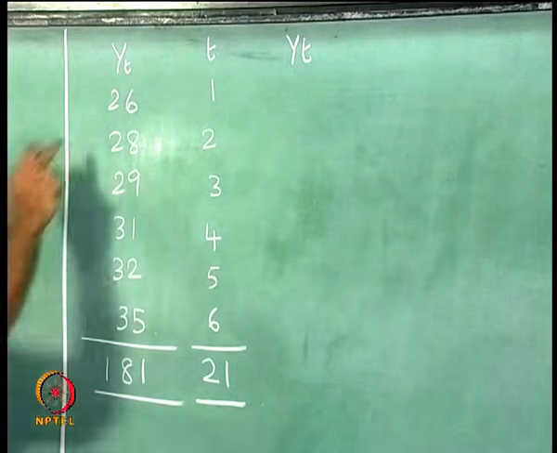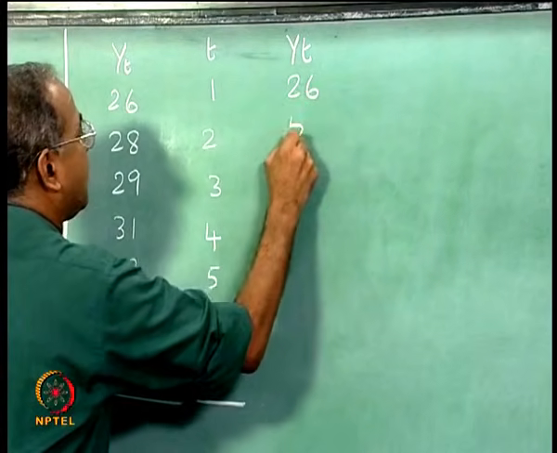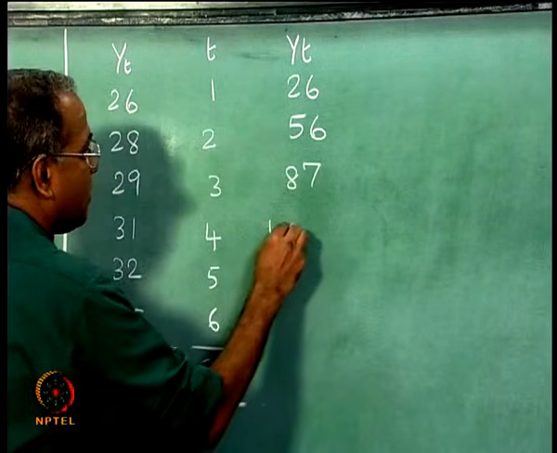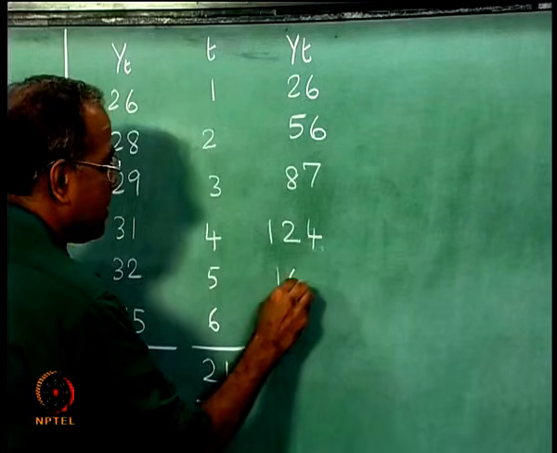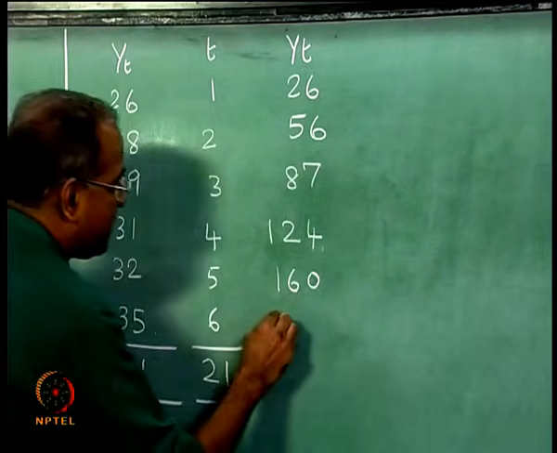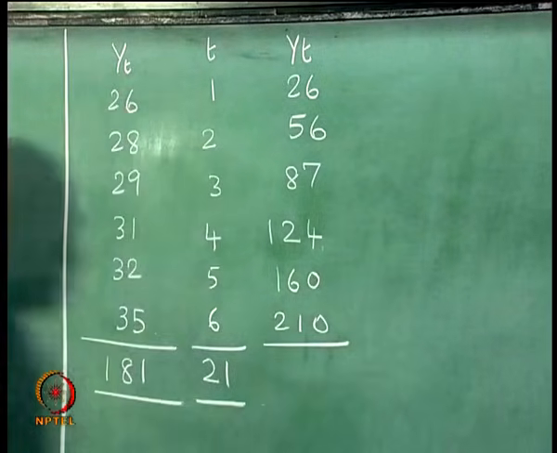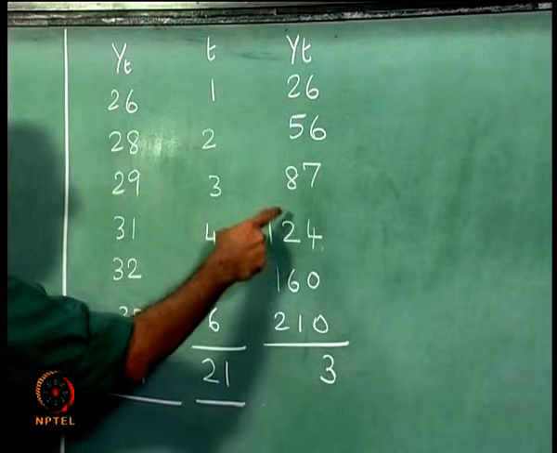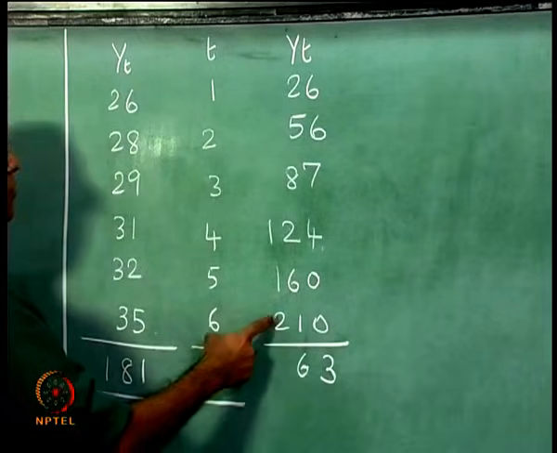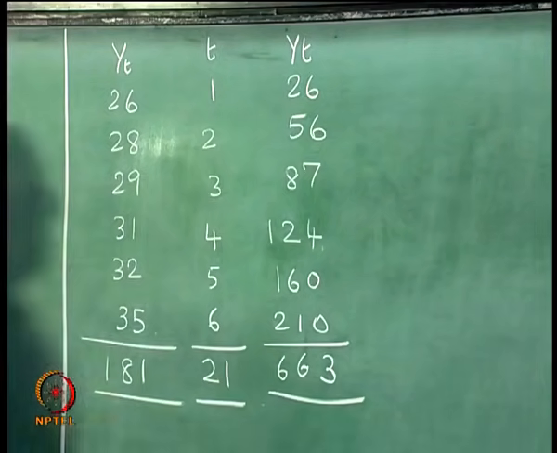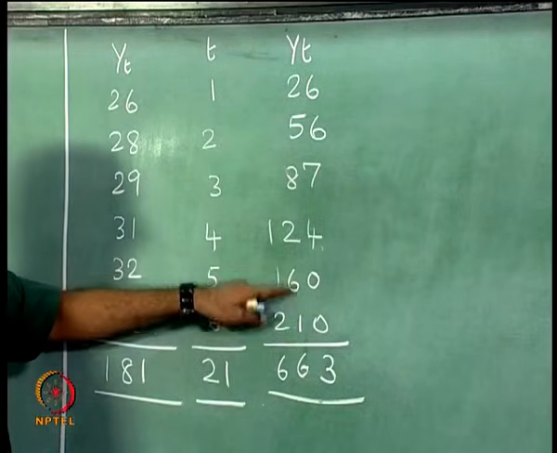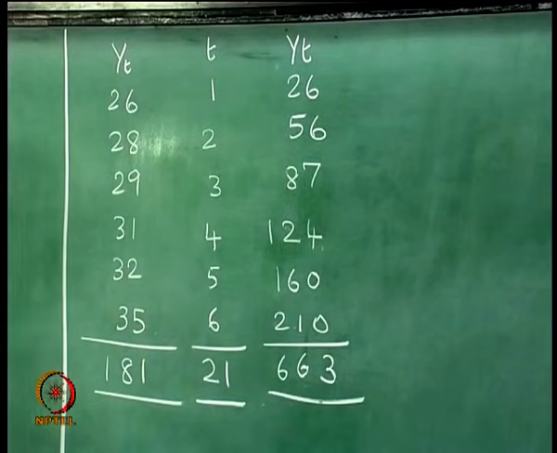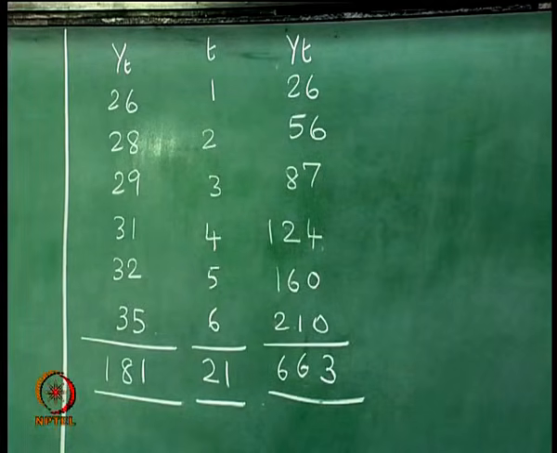So, y into t. 26 into 1 is 26, 28 into 2 is 56, 29 into 3 is 87, 31 into 4 is 124, 32 into 5 is 160, 35 into 6 is 210, and the sum is 663. And then we have now found out this term sigma yt.